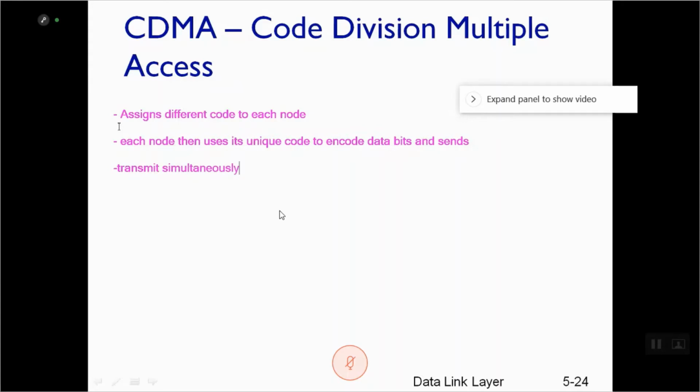So what basically we did in this protocol, that is CDMA, is that each bit is sent by the sender in an encoded form.